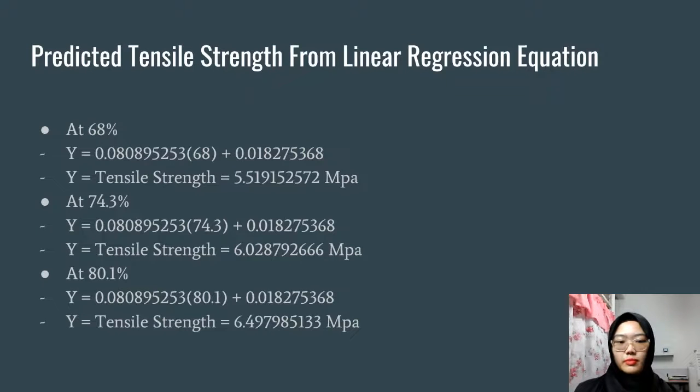So for the predicted tensile strength from the linear regression equation at 68%, this is the tensile strength that will be obtained. For 74.3%, this is the tensile strength that we will obtain. And lastly, at 80.1%, this is the tensile strength that we will obtain.